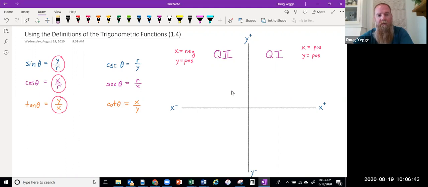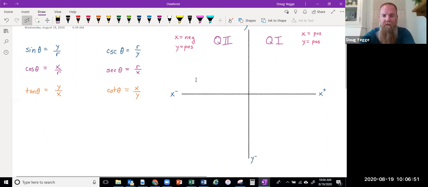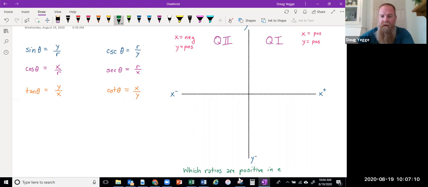So if we want to determine which ratios are positive, then maybe we should scroll here and just ask that question down below. Which ratios are positive in each quadrant? So we should see that in the first quadrant, all ratios are going to be positive, while in the second quadrant, only sine of theta is positive.